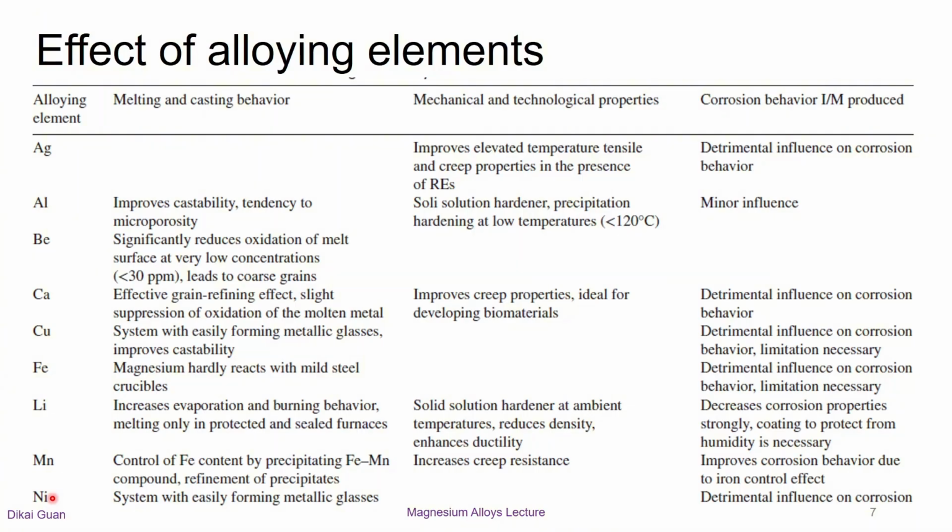However, copper and nickel can be used to develop magnesium metallic glasses. Lithium can further decrease the density of magnesium alloys, and it can introduce a BCC beta phase in magnesium alloys and improve the ductility of magnesium alloys, but the corrosion rate is higher than other commonly used magnesium alloys.